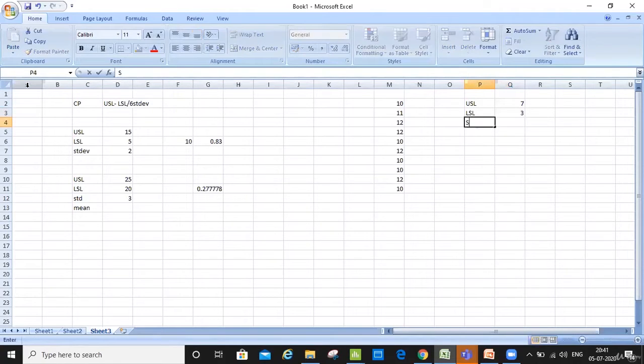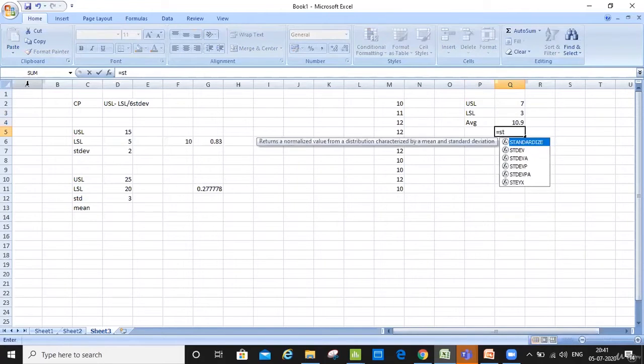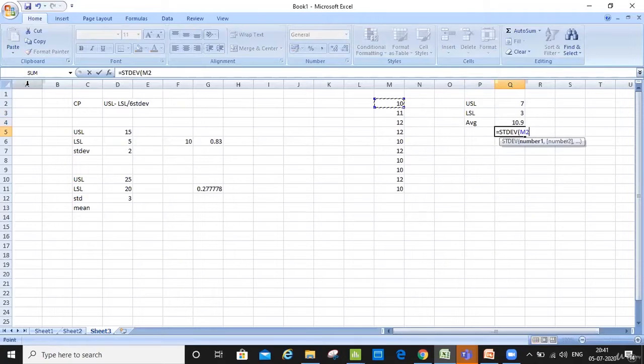If I want to calculate the mean, I can do that very easily. 11.9 is my average, and standard deviation I can also calculate. But here the data is around 12 and 10, right? The data that you have been given.